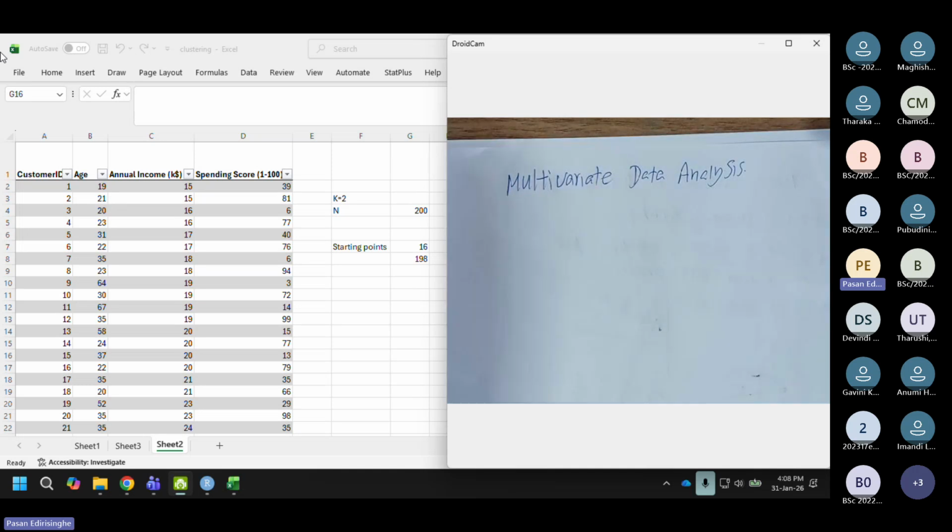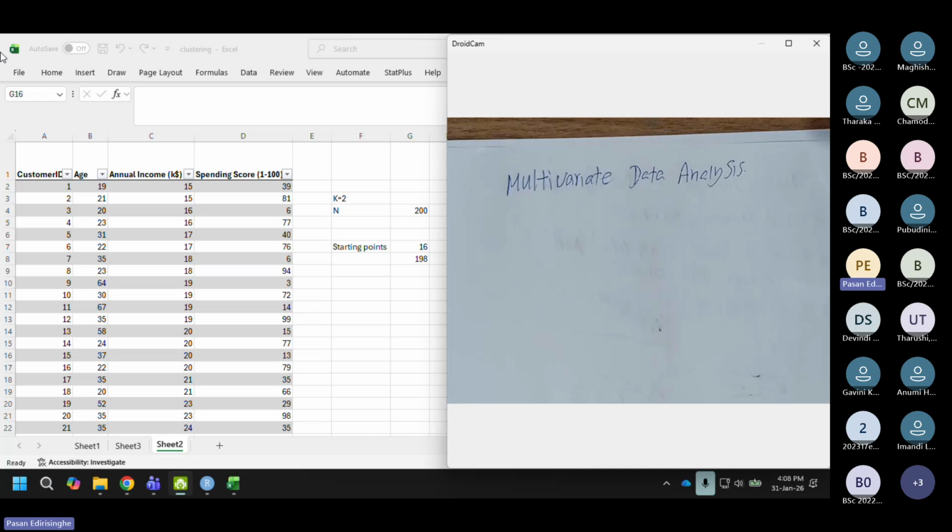Under multivariate data, we have a similar type of data as in regression analysis. In regression analysis, we have a y variable and a bunch of x variables. But in regression, we basically worry about the y variable, and we just take those x variables as helping variables for the y variable. So it's kind of a disadvantage, because we are not using all the properties the x variables have.